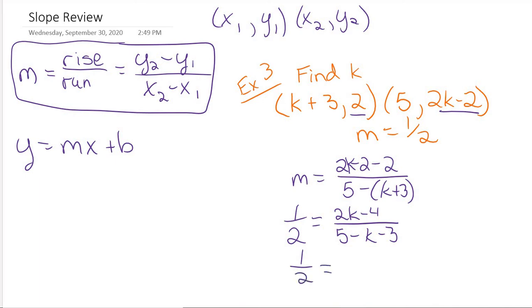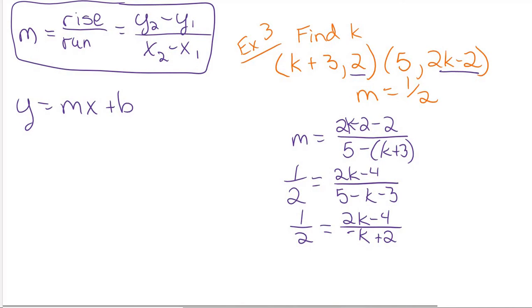So I'm going to have one more step. I have 1/2 equals 2k minus 4, and then minus k plus 2, combining the 5 and the 3. Now I can solve this equation by cross-multiplying.